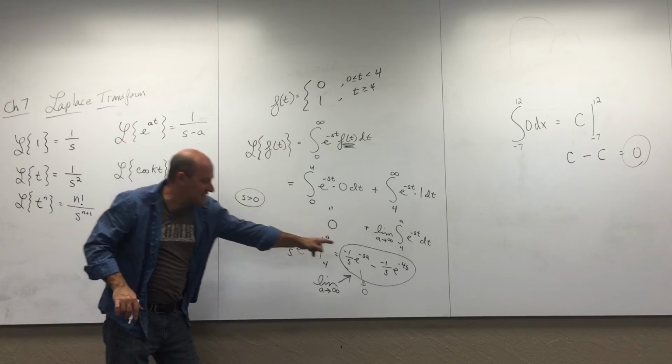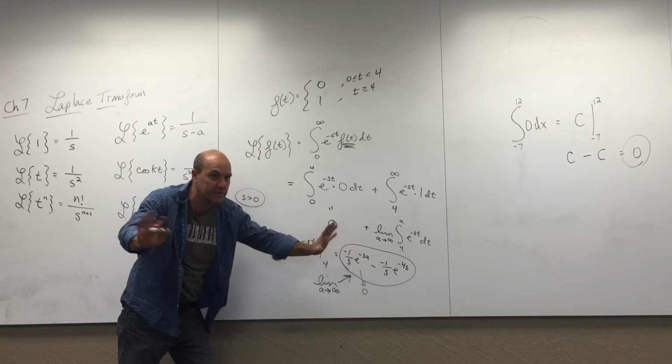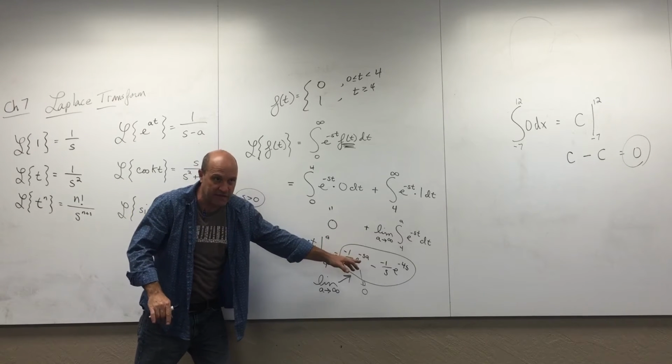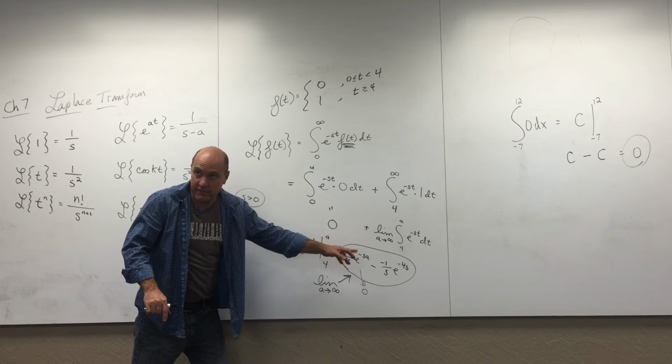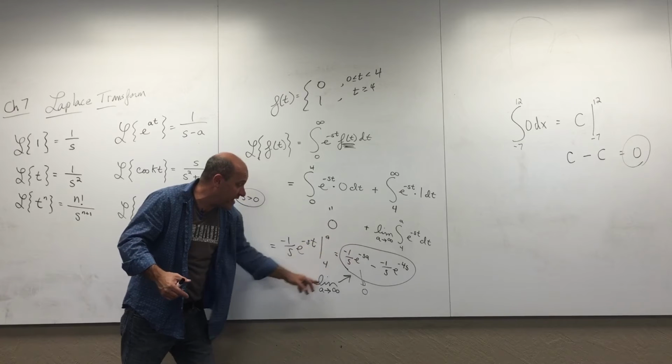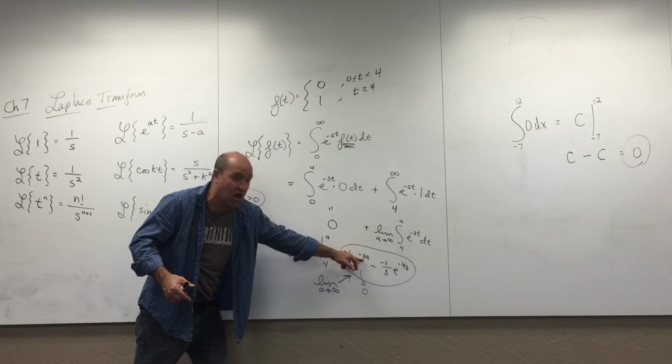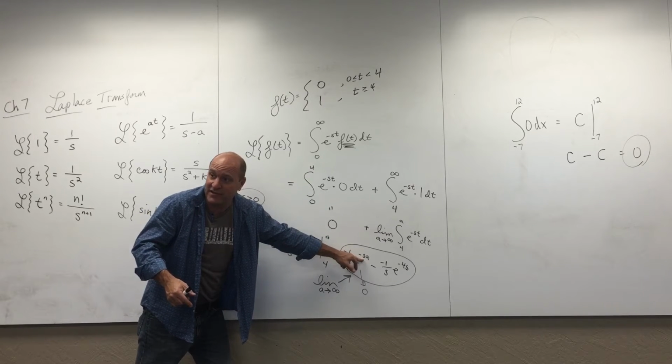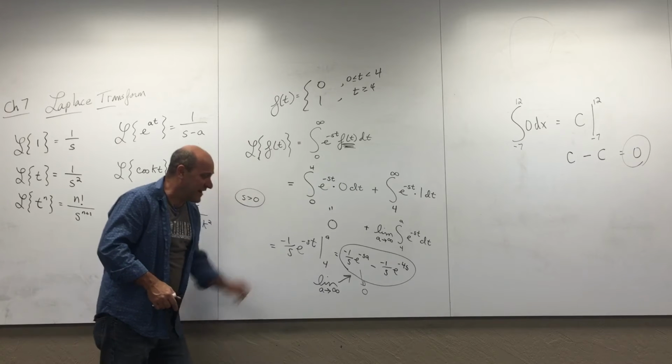If s is positive, I'm not changing the sign in front of s. I'm just saying s is positive. The negative in front of that positive number makes it negative infinity. And when a goes to infinity, it makes it negative infinity as long as s isn't negative. If s was negative, it would make it a positive infinity. Okay, so that's a 0.